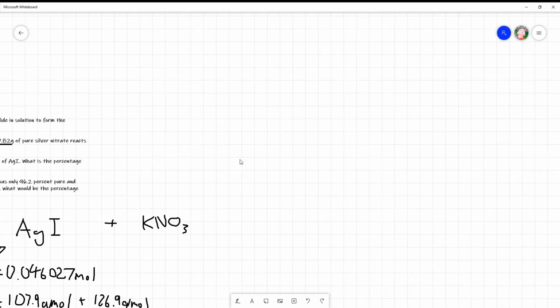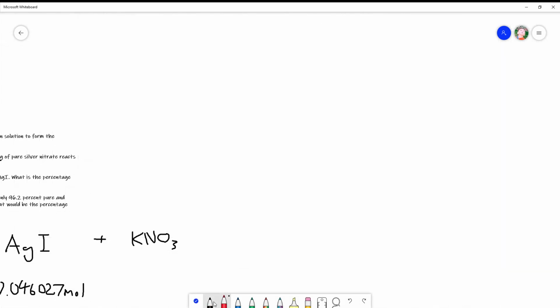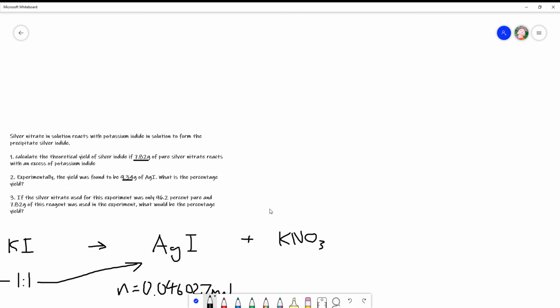So let's move over here. We know for question 2 the percentage yield is 86.42%. And we can find the percentage yield of a 96.2% pure silver nitrate by multiplying this percentage yield by the decimal form of the percent pure.